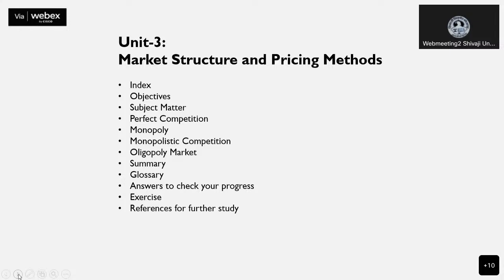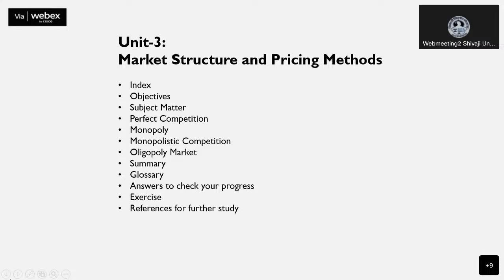What is meant by perfect competition? What are the factors affecting it? What is meant by monopoly? How did monopolistic competition take place? What does the oligopoly market mean? Then summary of this chapter, glossary, answers, exercise, and references for further study. These are the structure covered in your self-learning material.